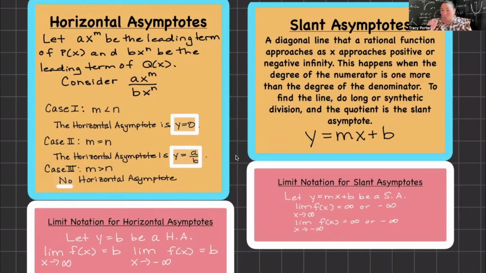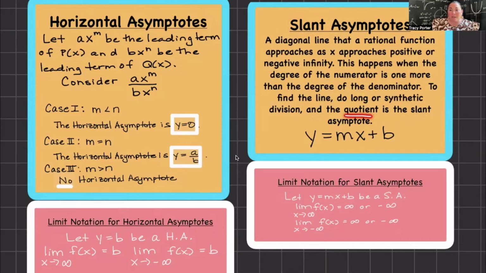If that's the case, you get a slant asymptote. To find it, you can do long or synthetic division, dividing the denominator into the numerator. As soon as you get the quotient, you're pretty much done.